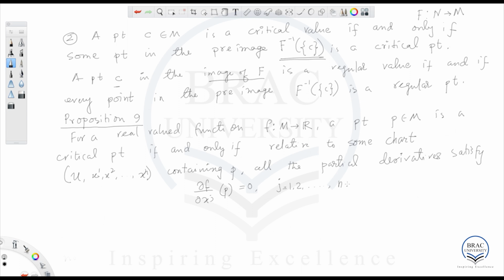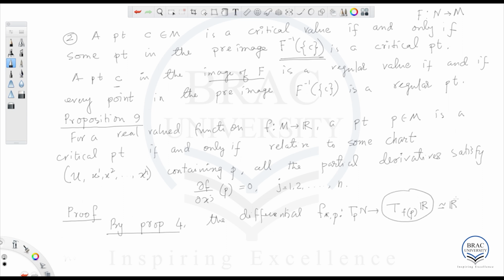Okay. Proof. By proposition 4, the differential, which is a linear map, f star comma p from T_p M to T_f(p) R. So this guy is isomorphic to R itself.